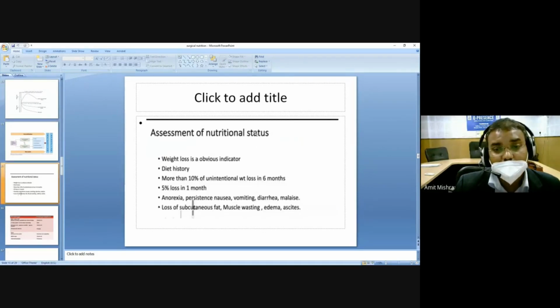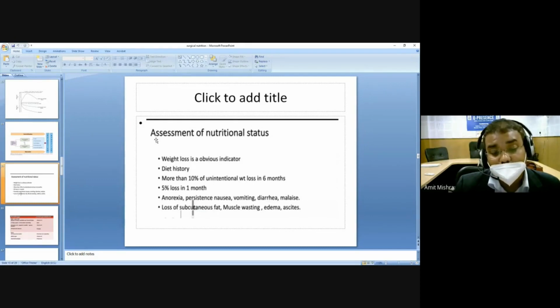So then, assessment of the nutritional status. Weight loss is an obvious indicator. To decrease the complication rate in the post-surgical period, we have to assess the nutritional status of the patient, because every time a patient undergoes surgery, some sort of nutritional deficiency could be encountered later on.